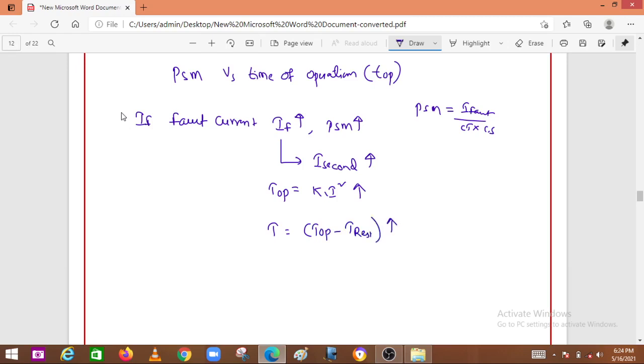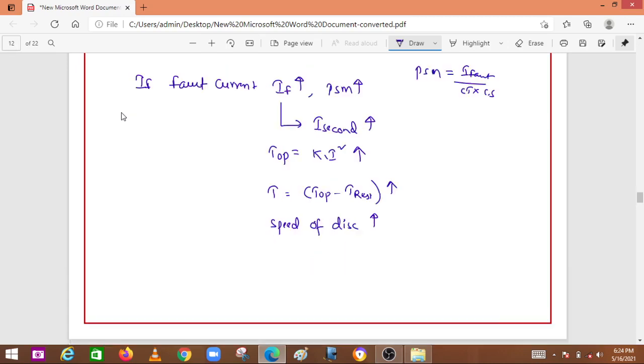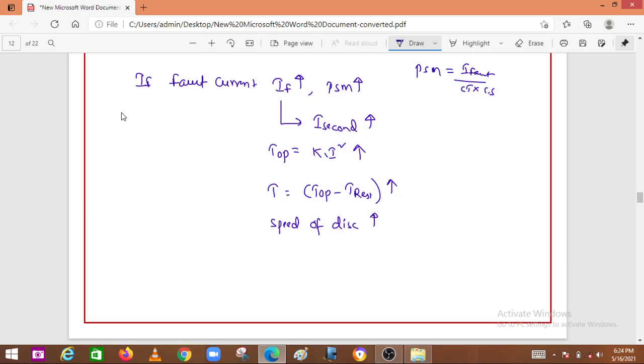So because of this net torque, the speed of the disc will also be increased. As long as the speed of the disc is increased, the operating time of the relay will be reduced. That means what? Fast operation.